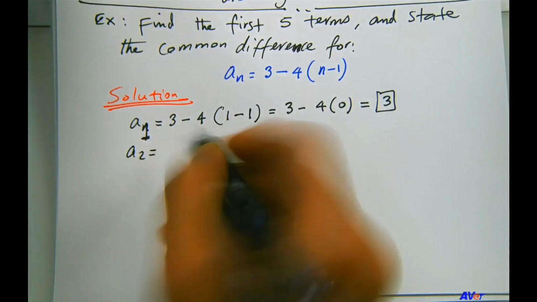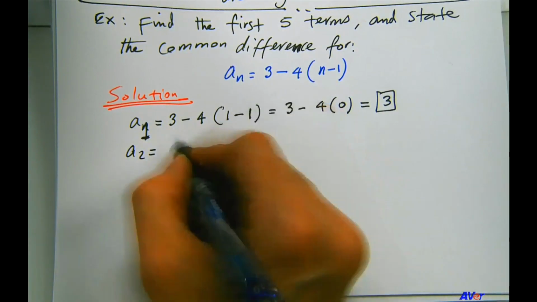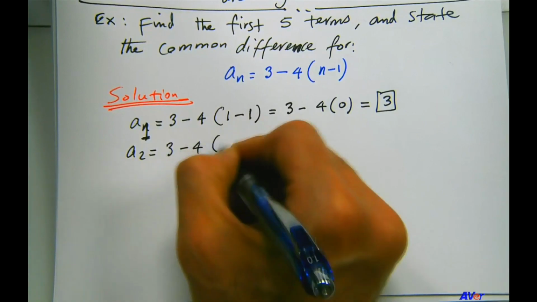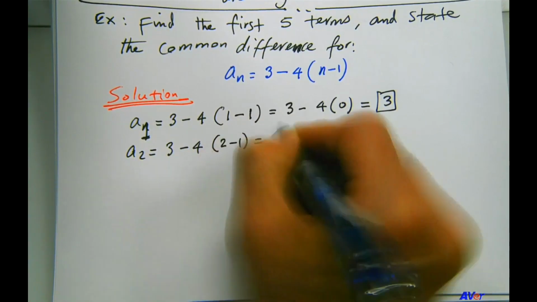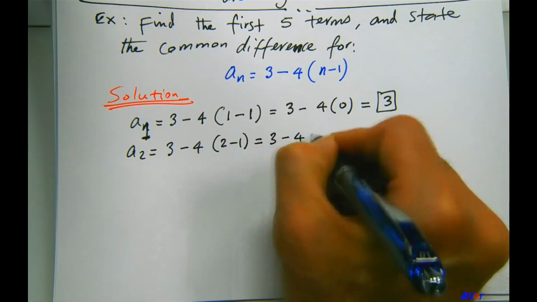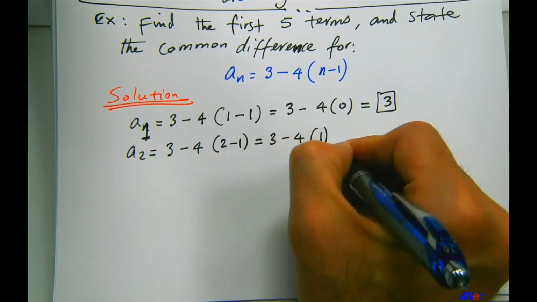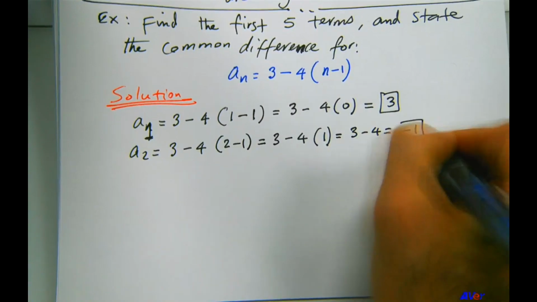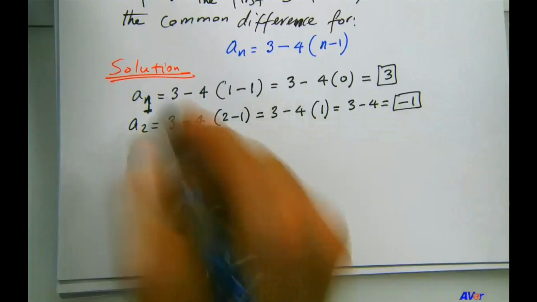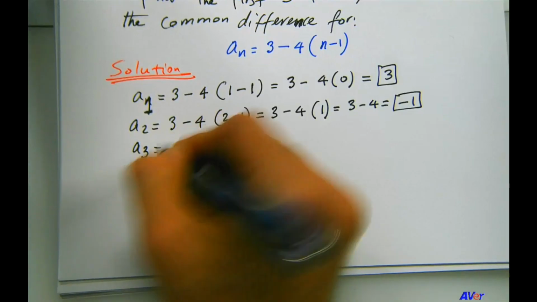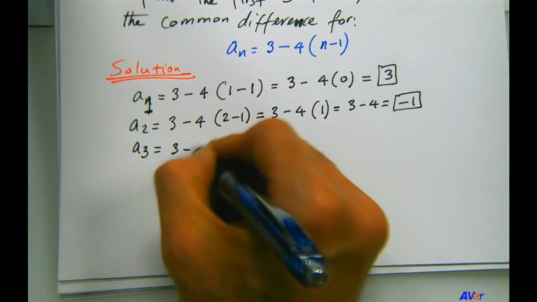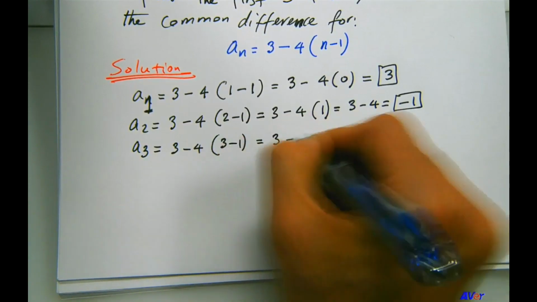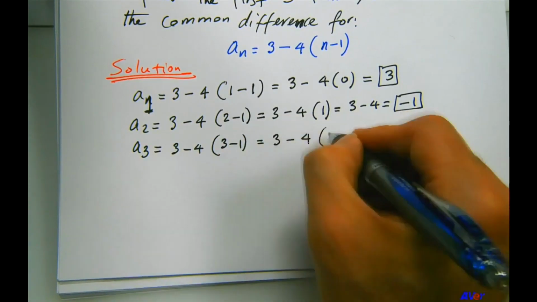a2 would be, plug in n with 2, right? 3 minus 4 times (2 minus 1) equals 3 minus 4, since 2 minus 1 is 1, equals 3 minus 4, or minus 1. a3 is 3 minus 4 times (3 minus 1) equals 3 minus 4 times 2, right?